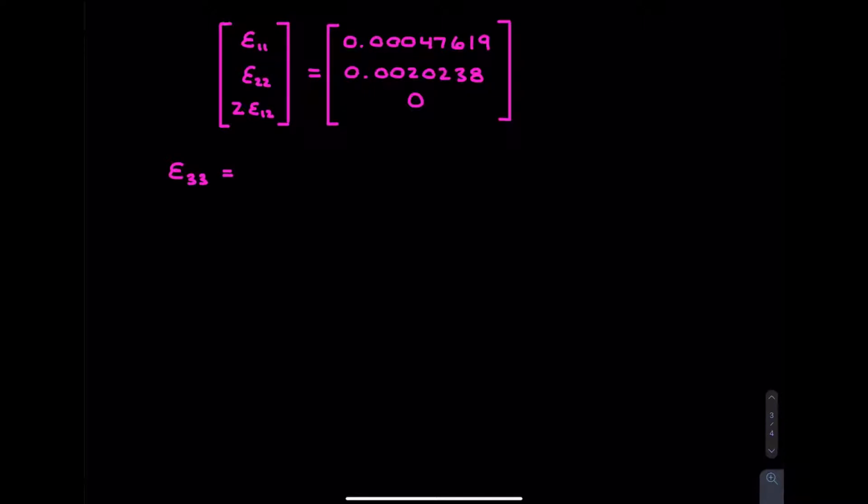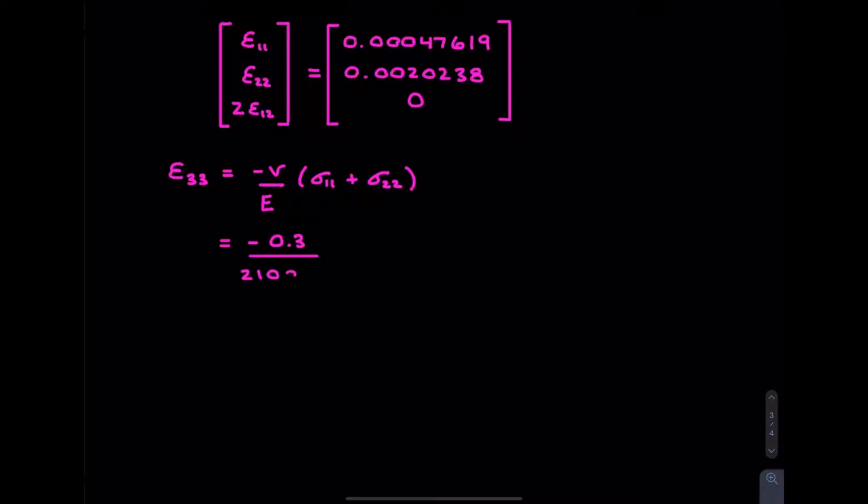We have a nice simple formula where epsilon 33 is simply negative Poisson's ratio divided by E multiplied by sigma 11 plus sigma 22. And what I'll do is I'll substitute the numbers because it's a little bit simpler than before. So for V, we know that it is 0.3. For the Young's modulus, again, we want to input it in MPa so that the units are consistent. So we have 210,000.